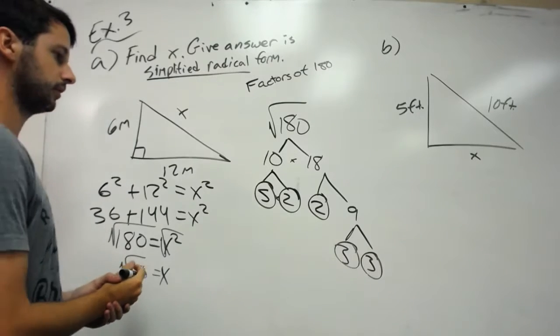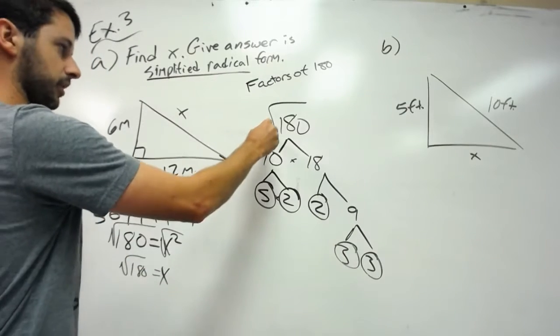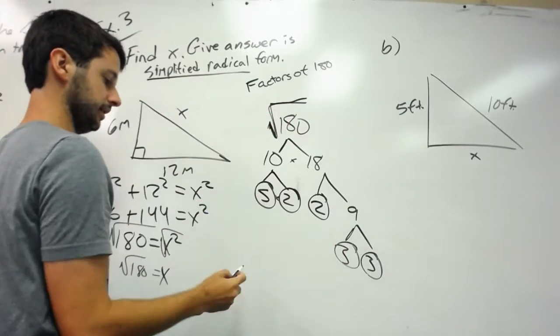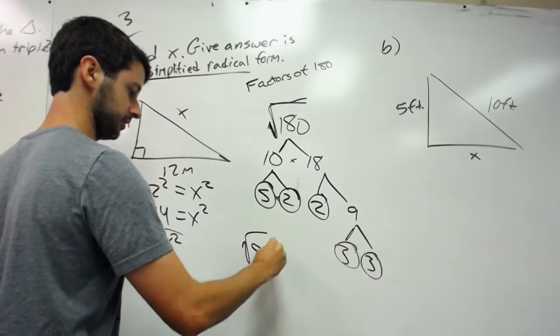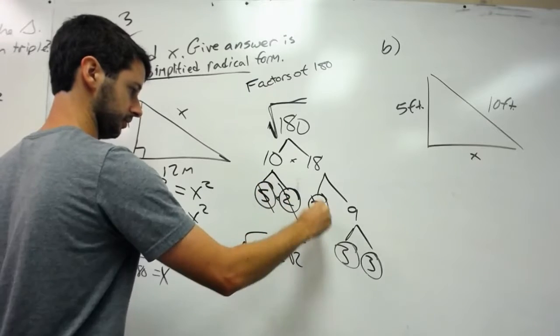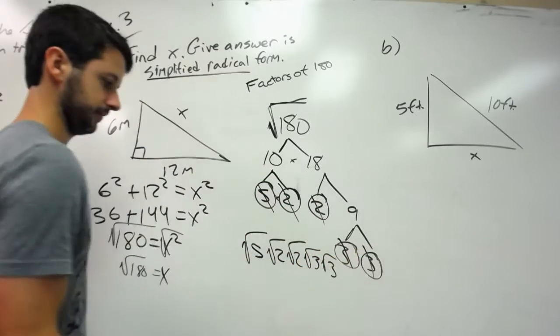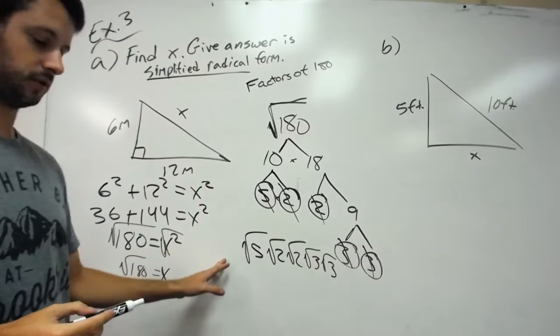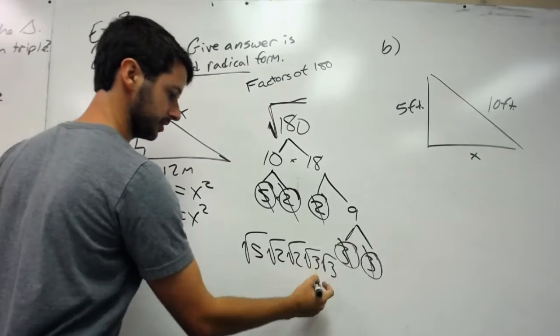Now remember this is a radical 180, so I'm going to write this like so: radical 5 times radical 2 times radical 2 times radical 3 times radical 3. And those equal radical 180. Once I get to this point, I'm going to find two numbers that are alike.